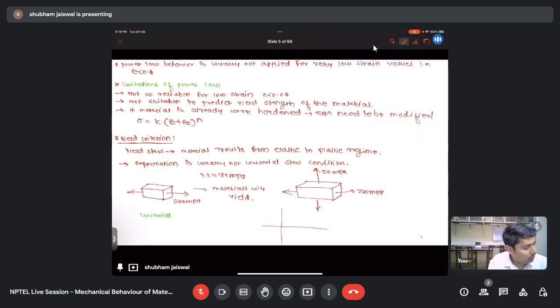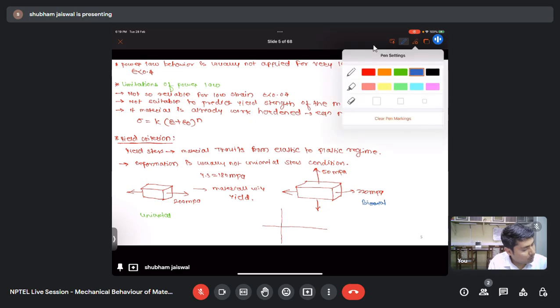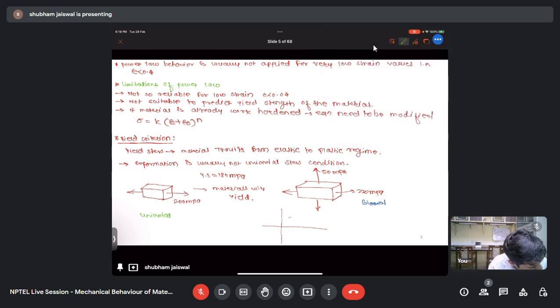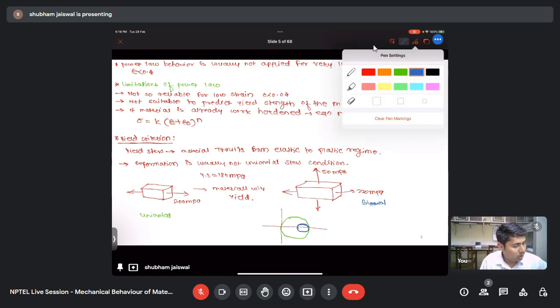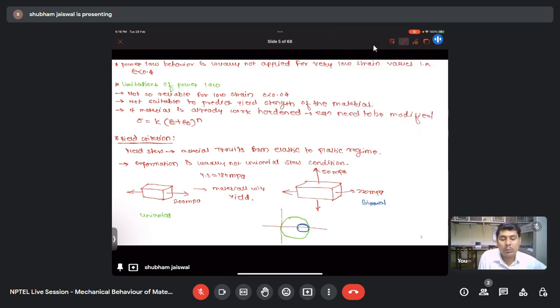If I draw a Mohr circle for uniaxial, I will get something like this. Okay, and if I draw the Mohr circle for biaxial, I will get something like this. So what we can conclude is that the size of the circle will determine whether yielding will happen or not, but not the actual value.